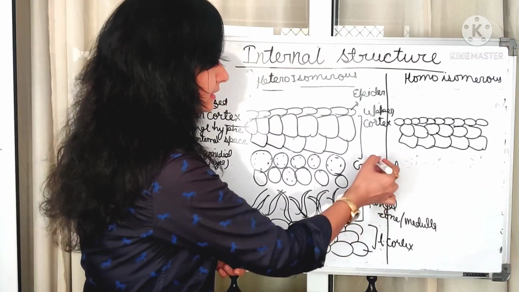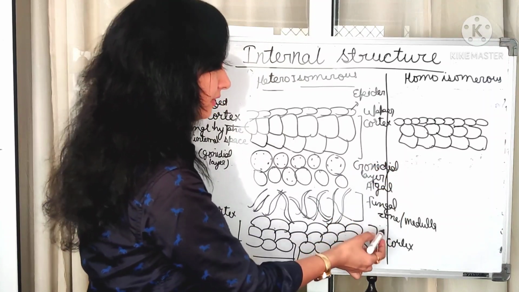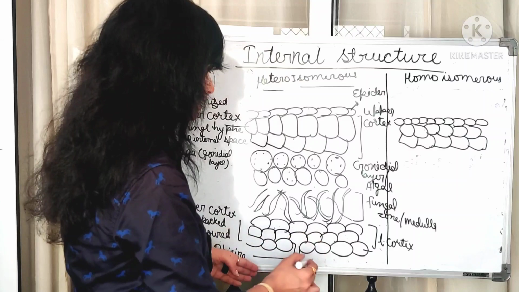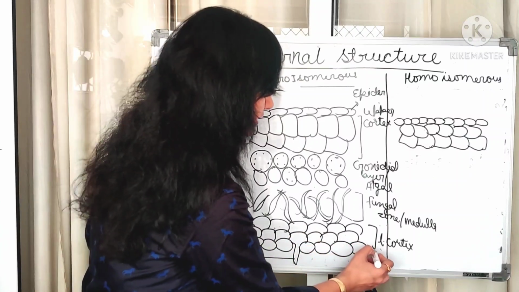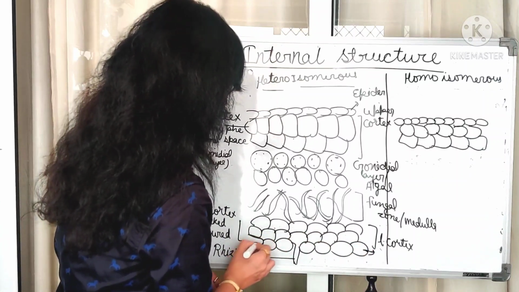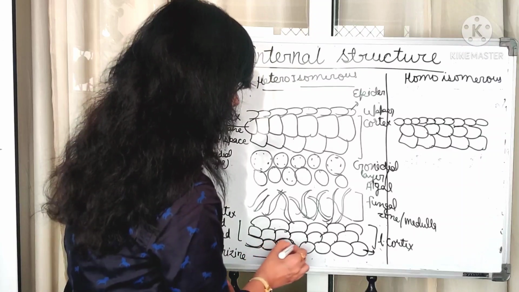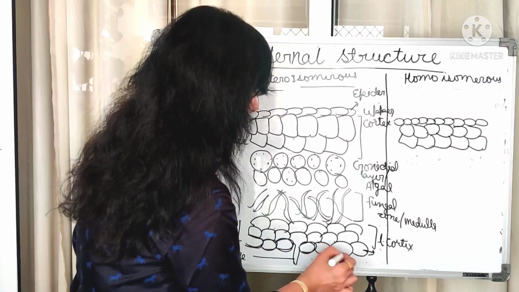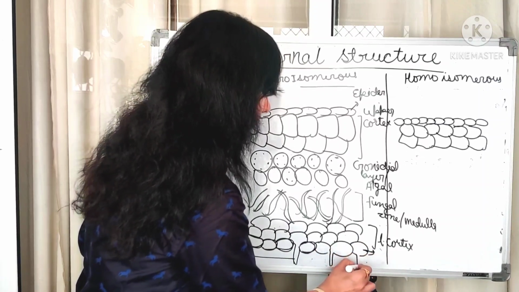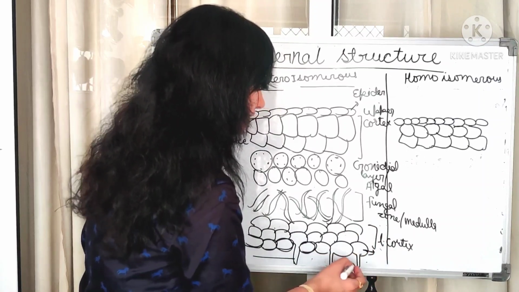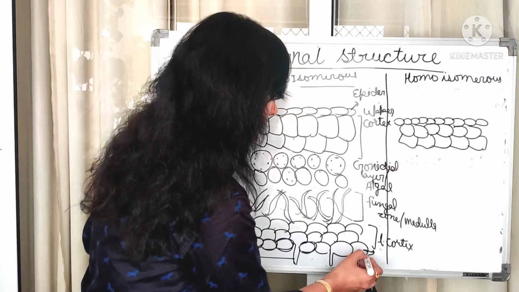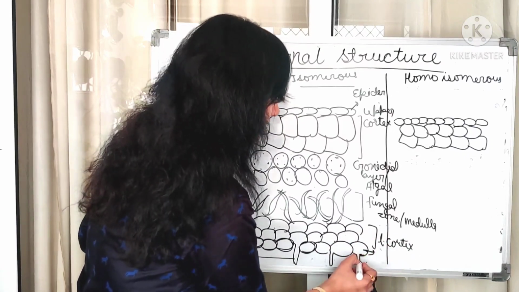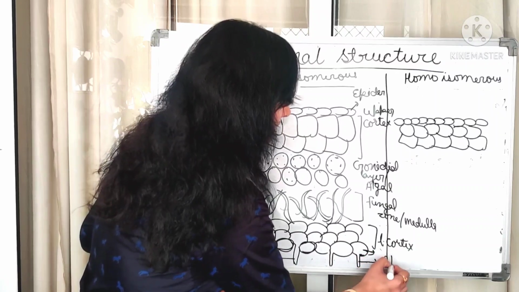Now after this algal zone and fungal zone, we will have the lower cortical region, and after the lower cortical region we will have the lower epidermis. This last layer is the lower epidermis layer, and from the lower epidermis you can see hair-like small thin structures going downward, and these structures are the rhizines.